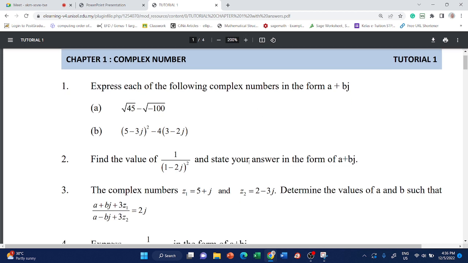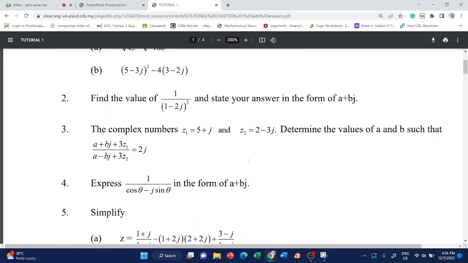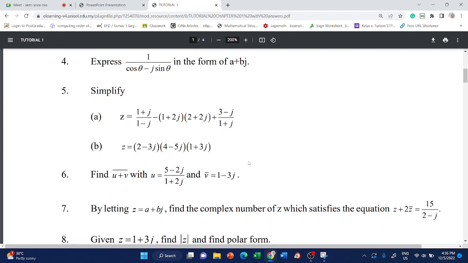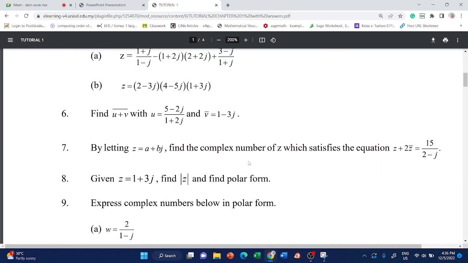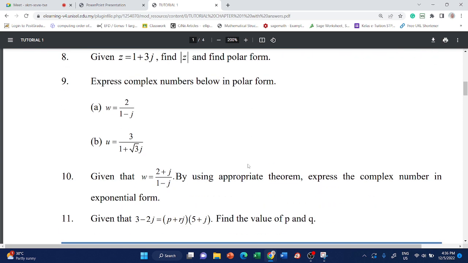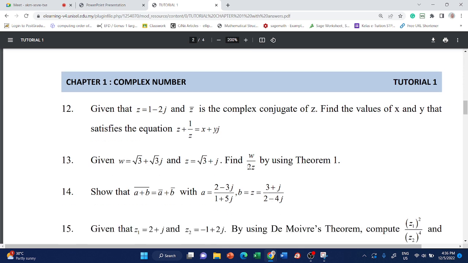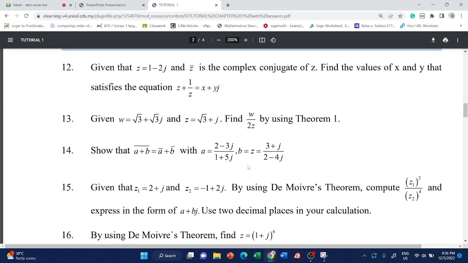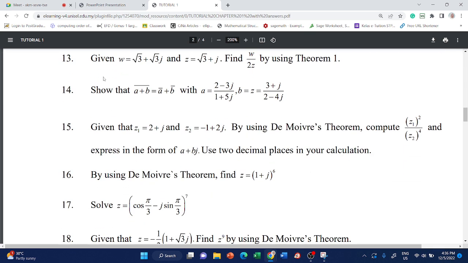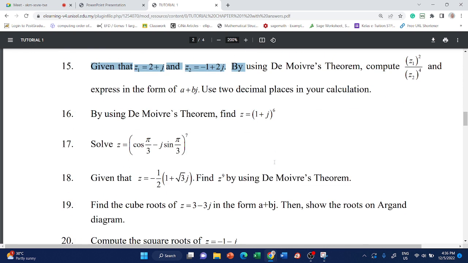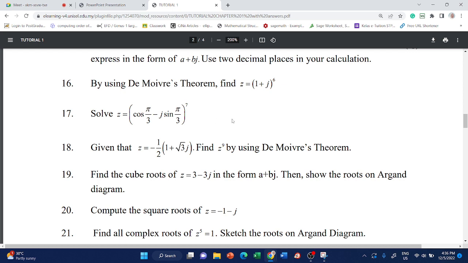Okay, this is the tutorial questions, I think number 1, 2, 3. Most of the topics we have seen similar problems. This is complex number, this is conjugates. So the De Moivre's theorem is number 15, right? Number 15. 16 also.